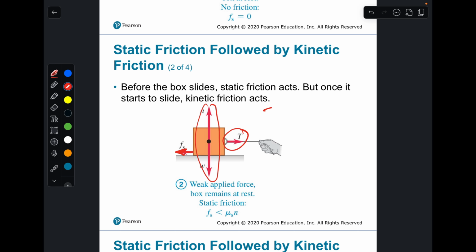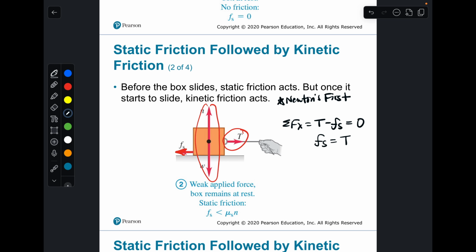Well, since it's not moving, you would use Newton's first law, and you would add up all the forces in the x. So you would get positive tension, negative static frictional force, and that's going to equal 0. So the value of the static frictional force is going to equal the tension. And that's going to be true until the box starts moving.